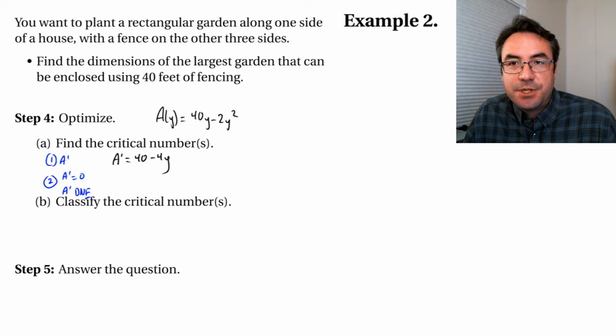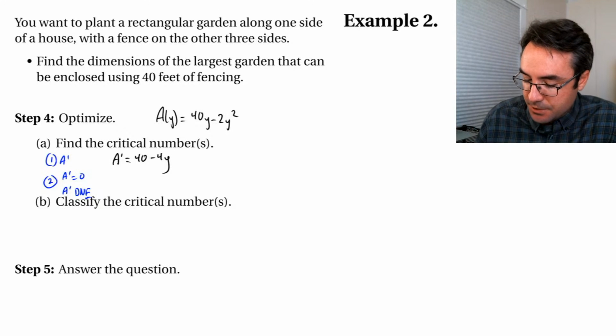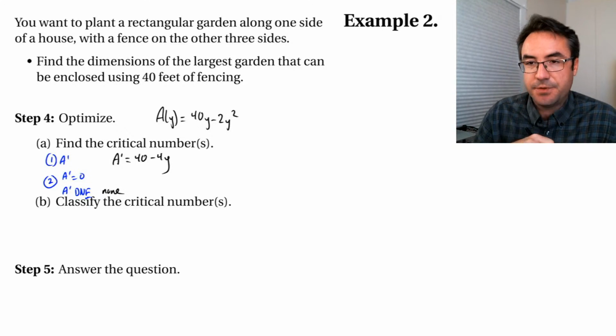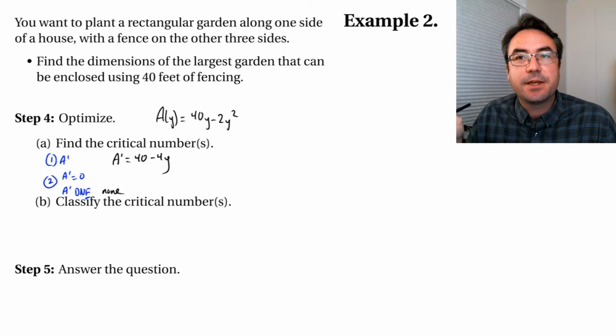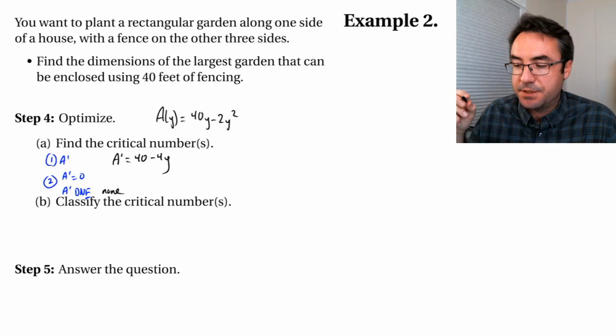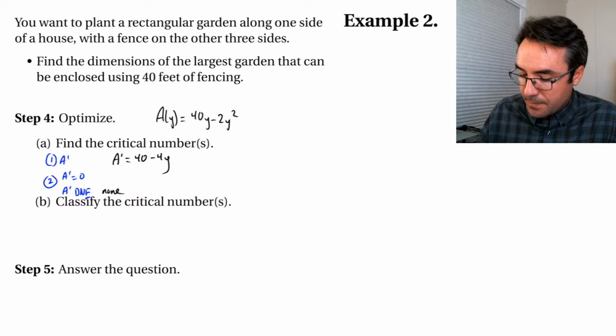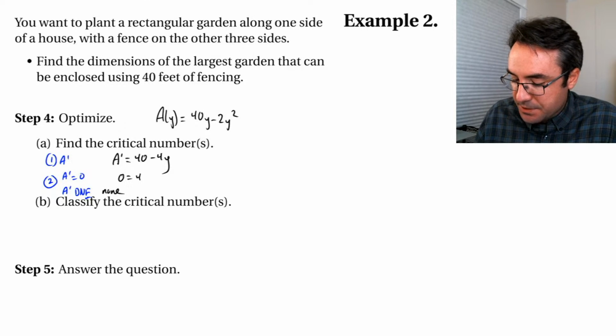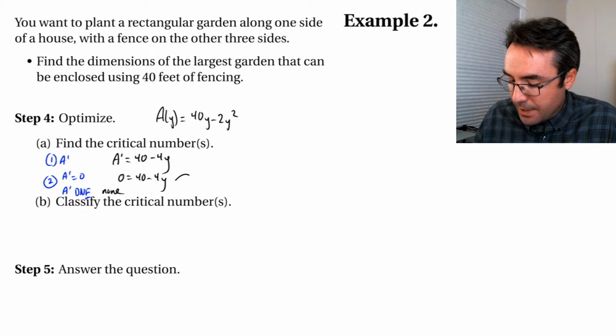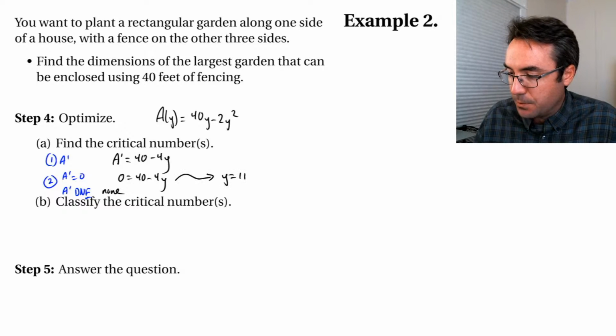That derivative is just a polynomial, so there's no place where that's undefined. There's no division, no square roots, no logs. So we only need to consider where our derivative is equal to 0. So if we set that equal to 0 and solve for y, we get y is equal to 10.